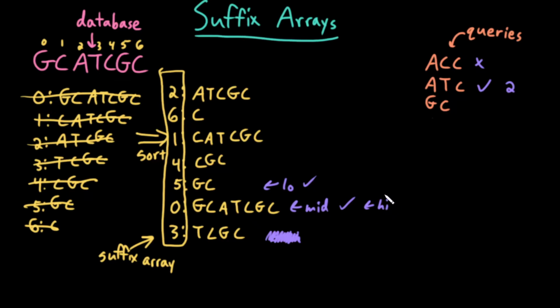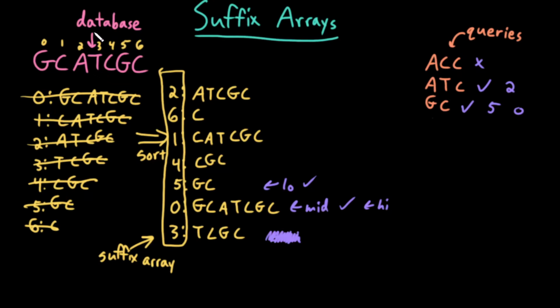Therefore, high is also at the correct position. Now I'm done. Everything in the range between low and high is a perfect match of my query. So that range is index 5 and index 0, which if I look at this original thing, those are indeed the two indices. Let's think about the time complexity of this algorithm.